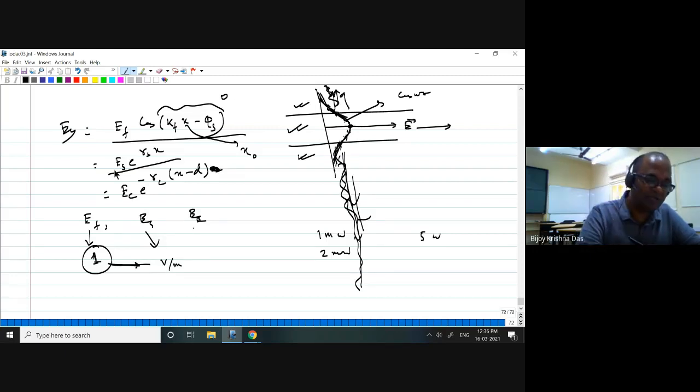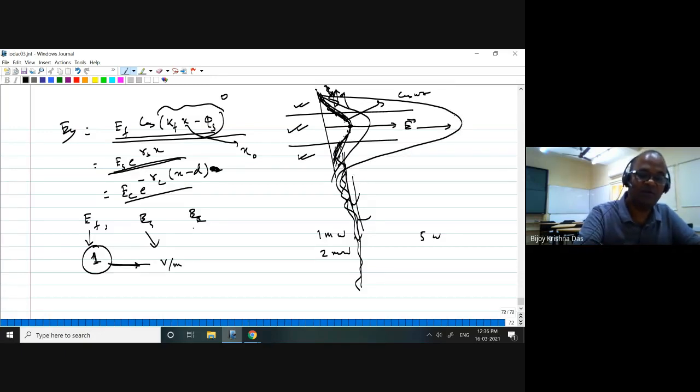But I can consider some multiplication, some additional part with that, and this one I can consider simply a profile. First we know the profile, how it is distributing. If it is 1 milliwatt, the field is like this. If it is 2 milliwatt, the field strength will be something like this. If it is 5 milliwatt, it will be something like this, right? So the field will be increasing.